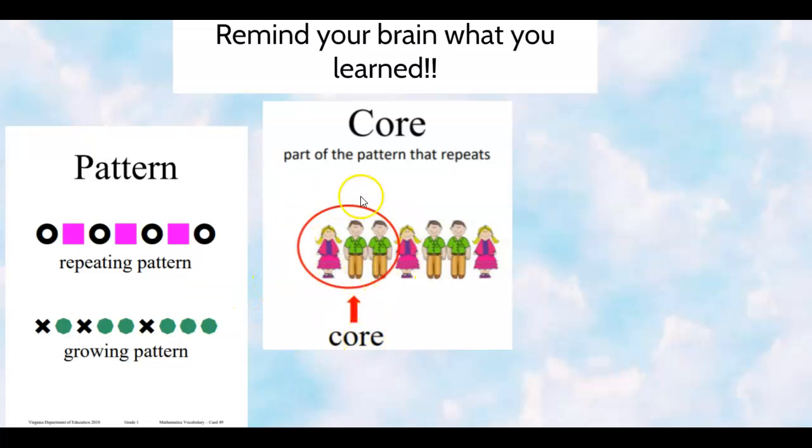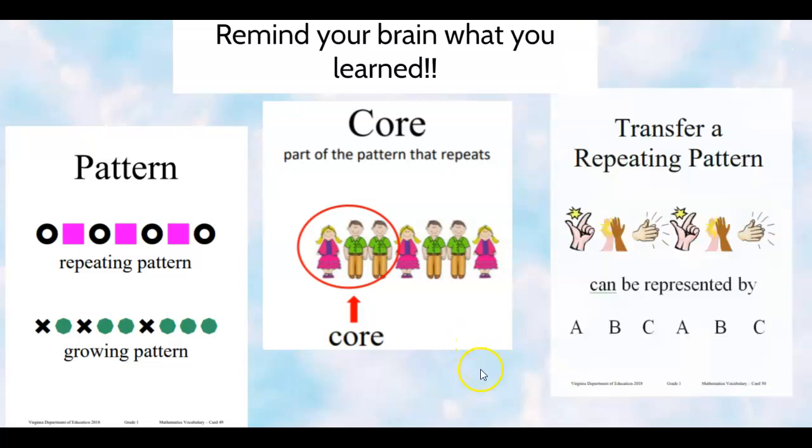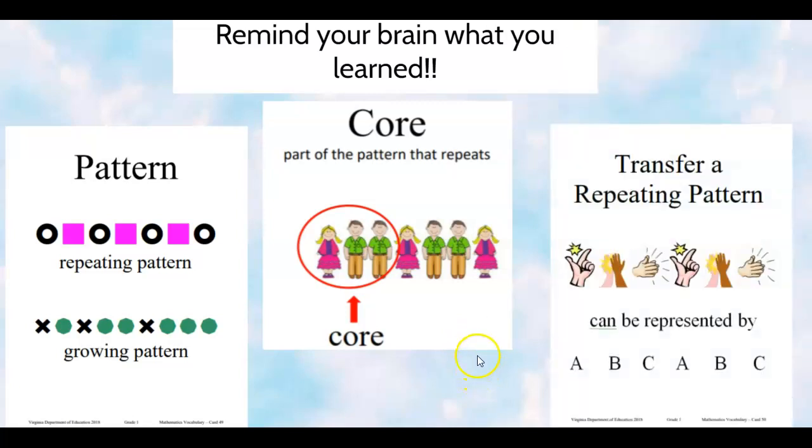We've learned that the core is the part of the pattern that repeats. And we've learned how to transfer a repeating pattern and transform patterns using maybe letters or numbers or shapes, and maybe you're making sounds with your body for patterns. There are always many, many different ways that you can transfer a pattern to make it work for you.